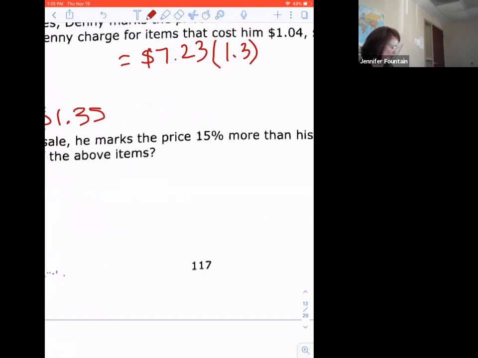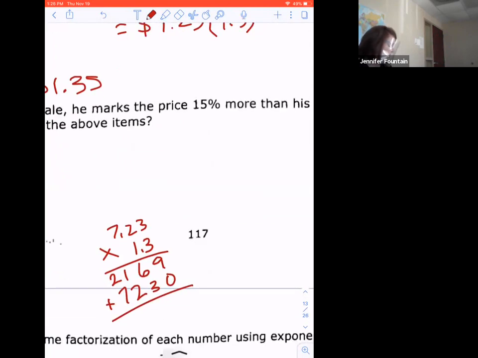So I've got 7.23 times 1.3. 3 times 3 is 9. 3 times 2 is 6. 3 times 7 is 21. Placeholder 0. 3 times 1 is 3. 2 times 1 is 2. 7 times 1 is 7. Add them up. 9, 9, 3, 9. I look at my decimal places. I have 3 in my original problem, so I've got to move left 3.